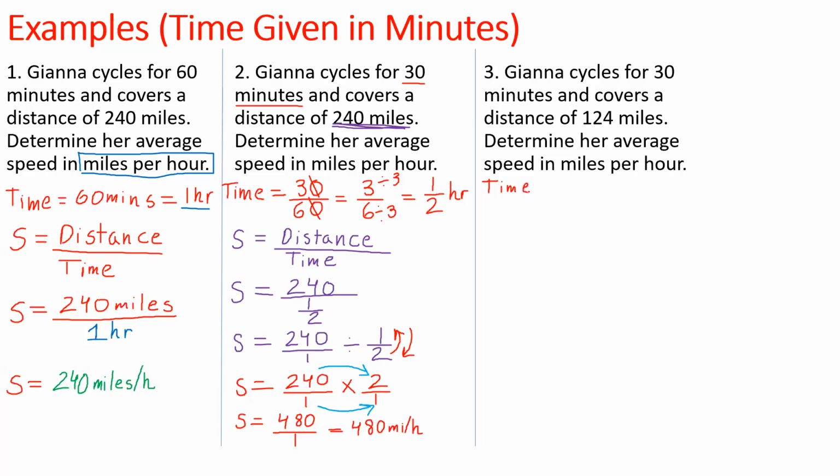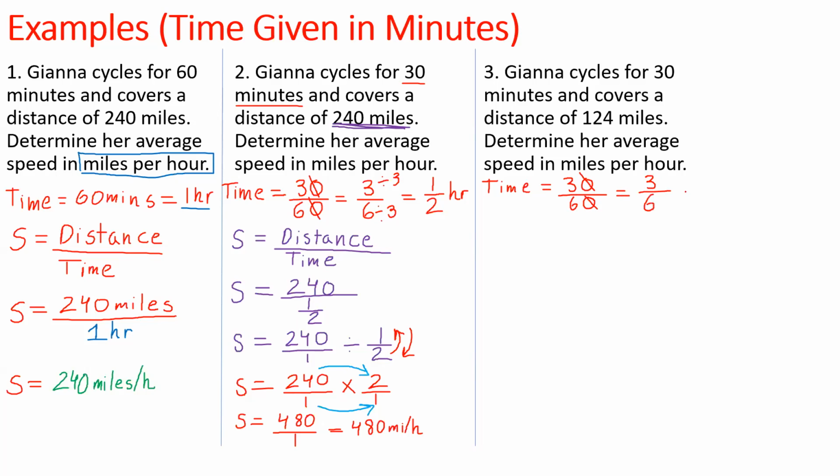So a time is going to be equal to, if we're trying to convert minutes into hours, we have to divide by what? 60. Divide by 60. Good. Can we cancel anything? The zero. Cancel two zeros. So we are left with what? 3 over 6.